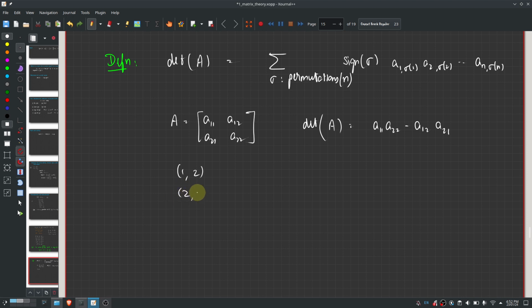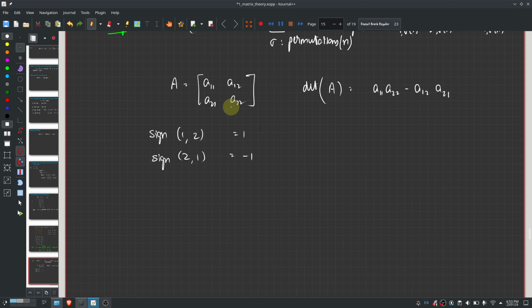So there are only two possible permutations of 1 comma 2. And what is the sign of 1 comma 2? It's equal to plus 1, right? Because you need 0 pairwise swaps to get to 1 comma 2. What is the sign of 2 comma 1? It's equal to minus 1.